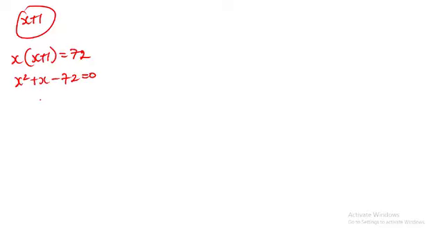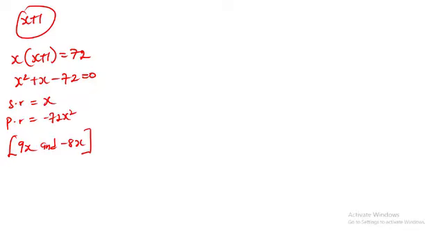We also factorize this. If we factorize here, we have sum of roots to be x, and the product of roots to be minus 72x squared. In this case, our two factors of 72 would be 9x and minus 8x. 9x minus 8x will give us x. 9x times minus 8x will give us minus 72x squared.